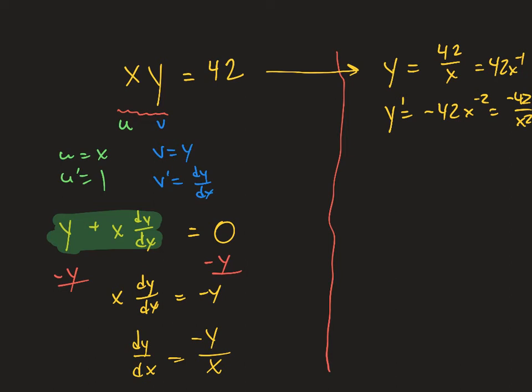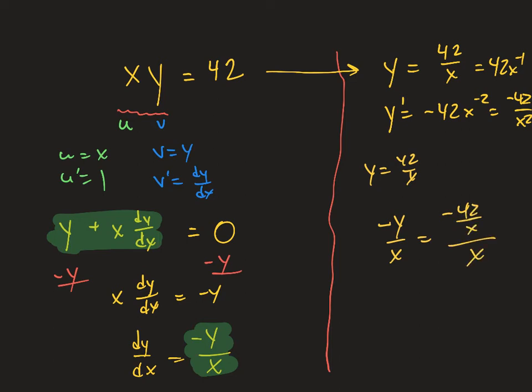And you're probably thinking, hey man, we got negative y over x on this side down here. That is not the same as negative 42 over x squared. And I say, oh yes it is. So watch this. Since y equals 42 over x, if I'm looking at negative y over x, that's just going to be negative 42 over x over x.